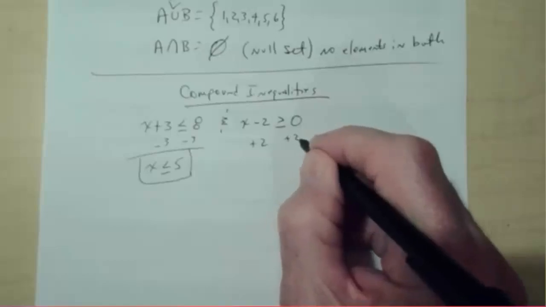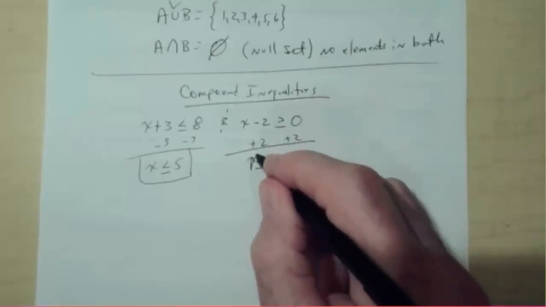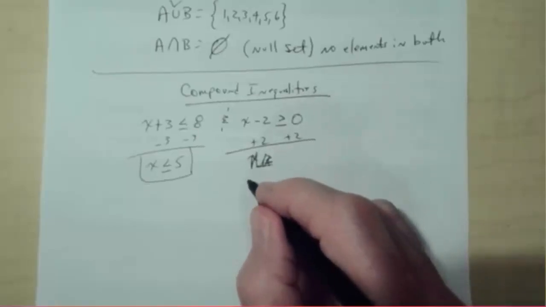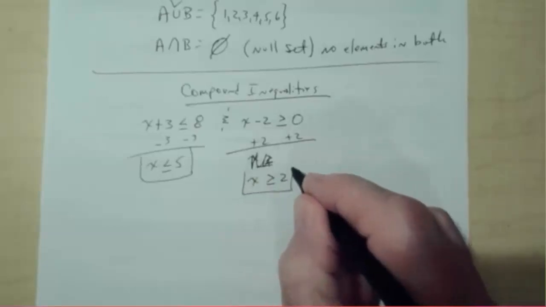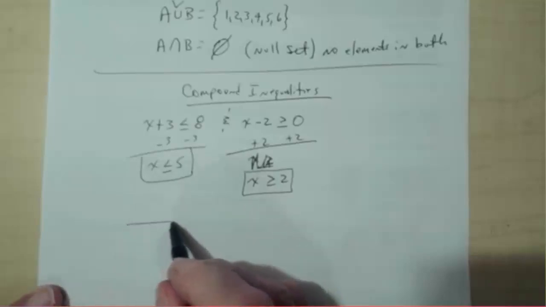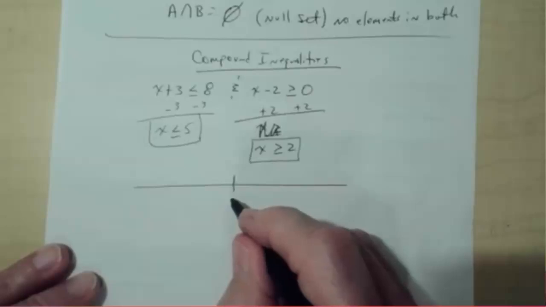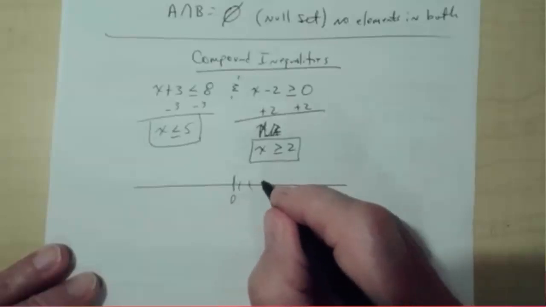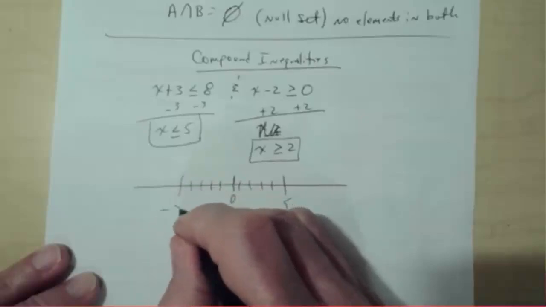Add 2 to each side on this one, and we get x is greater than or equal to 2. Okay? Now, let's graph these. Negative 5 through 5.